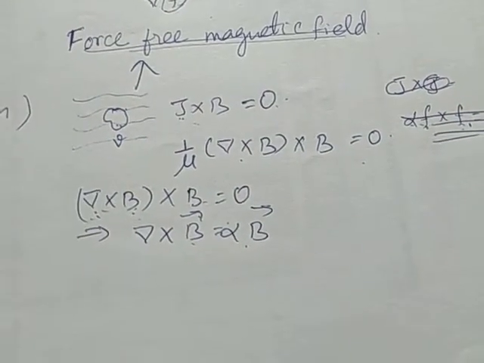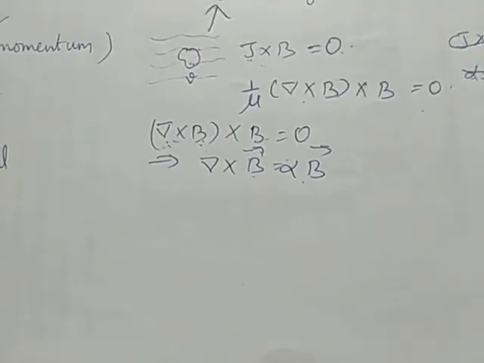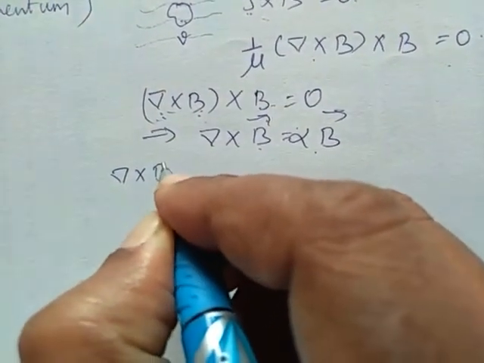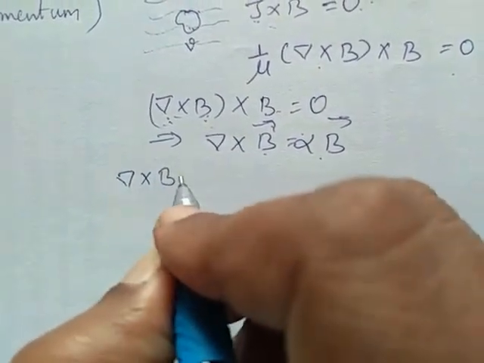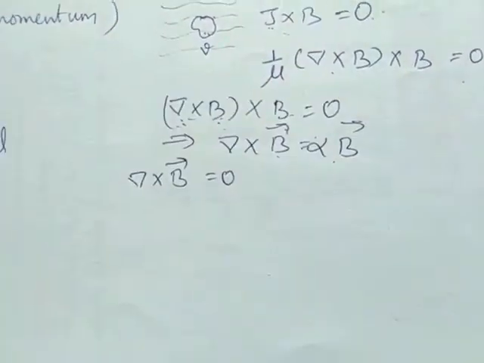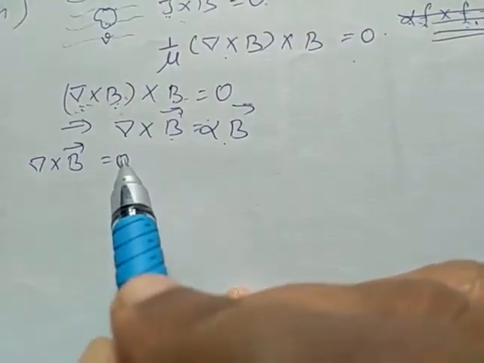Also we know that del dot B is equal to 0, solenoidal, sorry. Another possibility is del dot B can be 0.